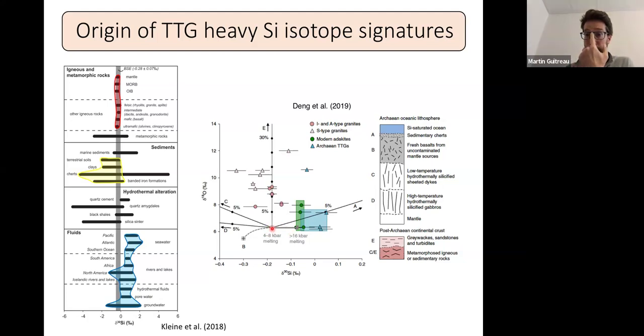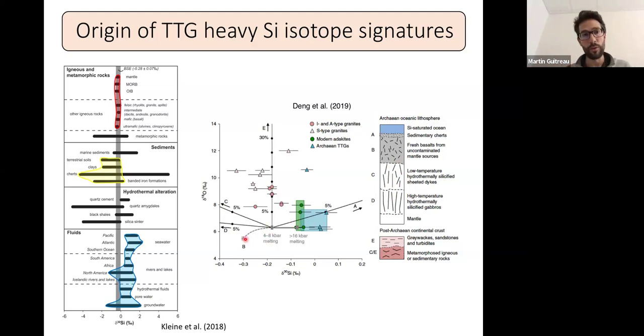If you melt hydrothermally silicified basalts from that column that come from those hydrothermal fluids, you will have the tendency to decrease the composition of silicon isotopes. This is because the fluids will incorporate silica from the basalt, which is at minus 0.3 per mil.